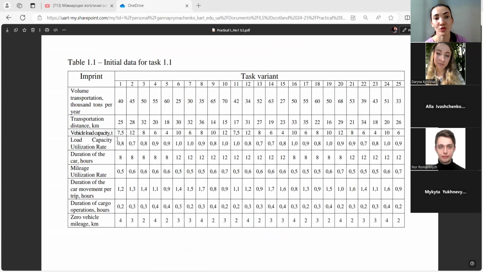So if you have first variant, you have 0.8, second variant 0.7, third variant 0.8, and other, I can find it. It is 4 line up from our table. Please find your.